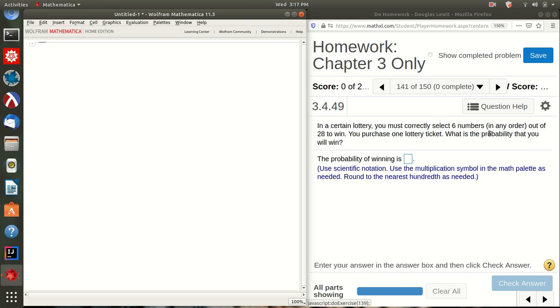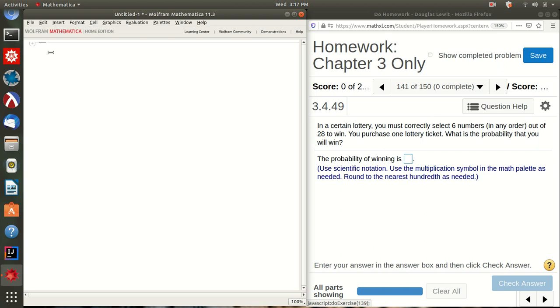This is going to be a combination, and the reason it's a combination and not a permutation is because of this phrase here that says in any order. In any order means the order is irrelevant, so it's a combination, it's not a permutation. Okay, so the way to do that is like this.